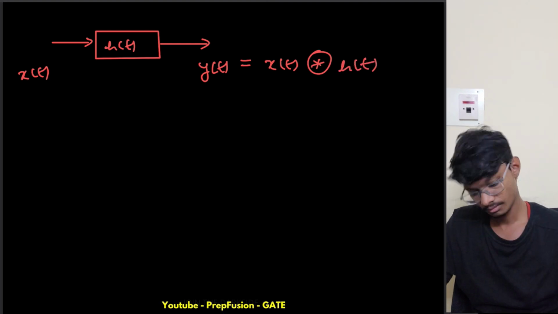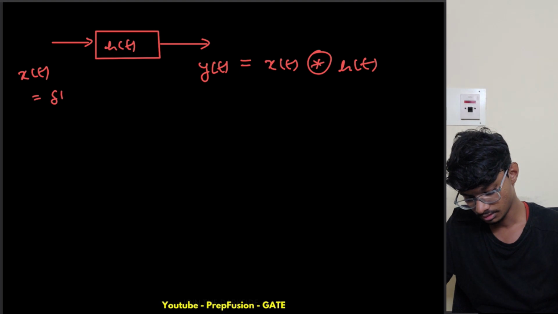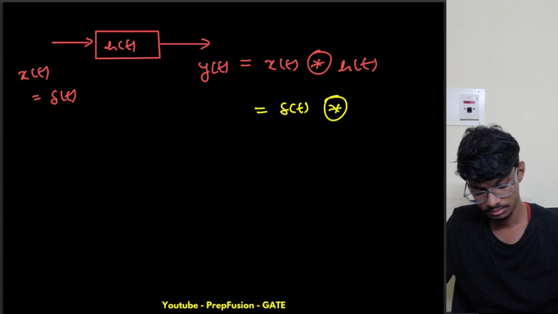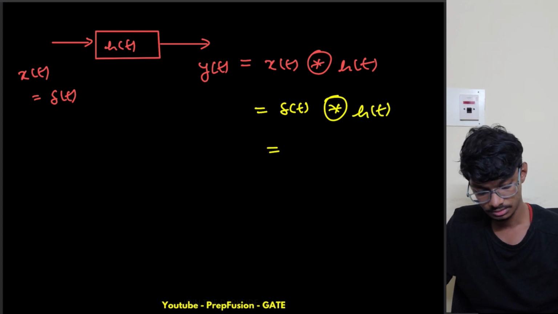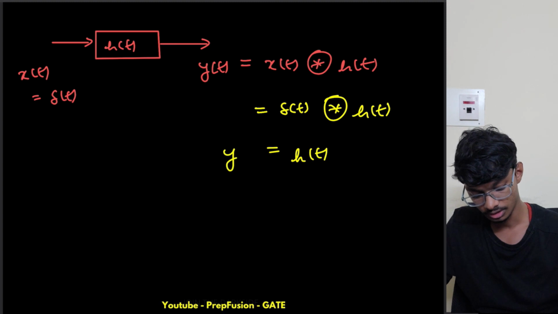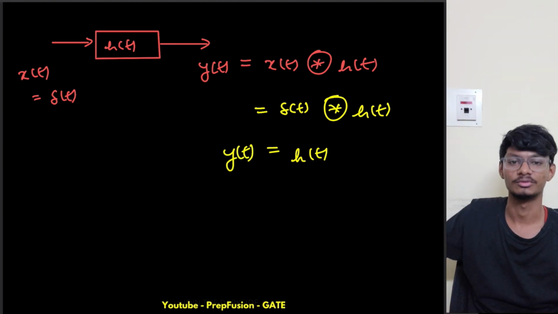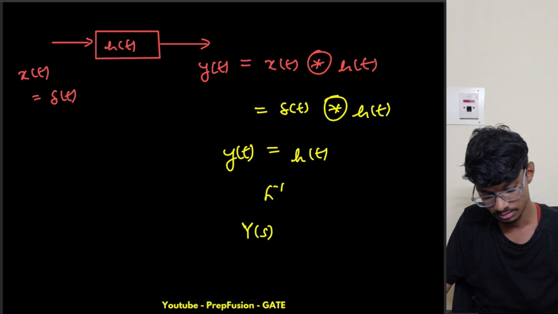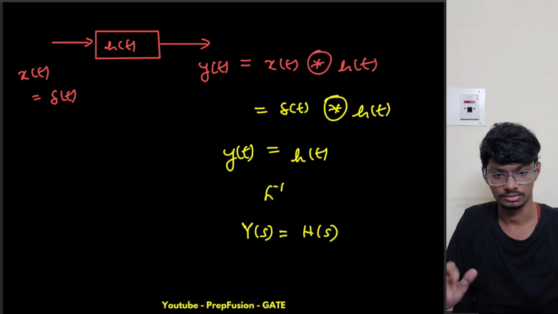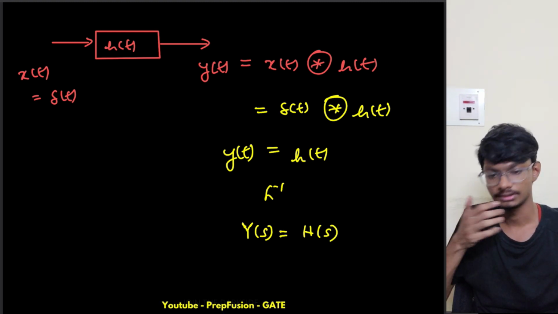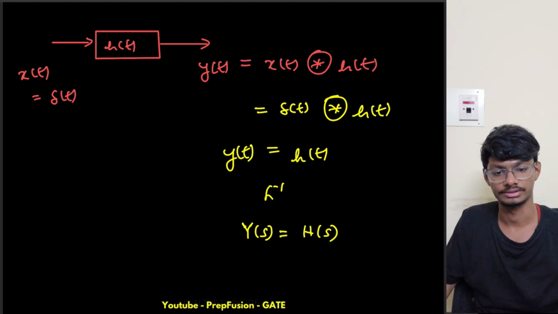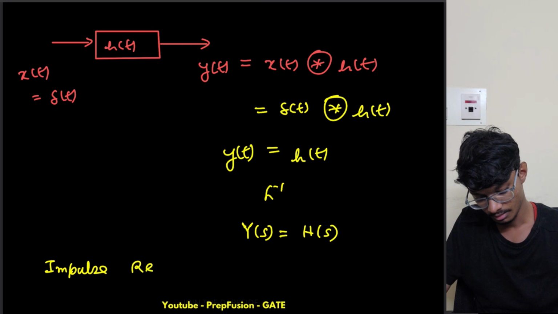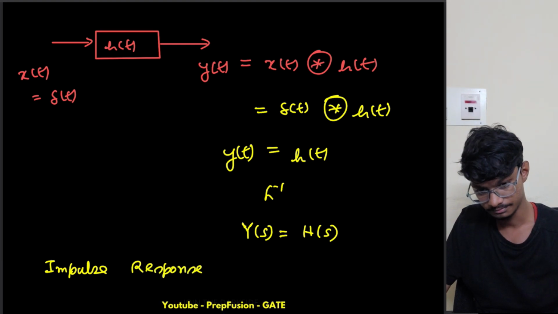So if x of t equals del of t, del of t convolved with h of t becomes h of t only. So the response becomes h of t, as the name impulse response suggests. If I take the Laplace transform, y of s becomes h of s only. This I have already taught you, but still.